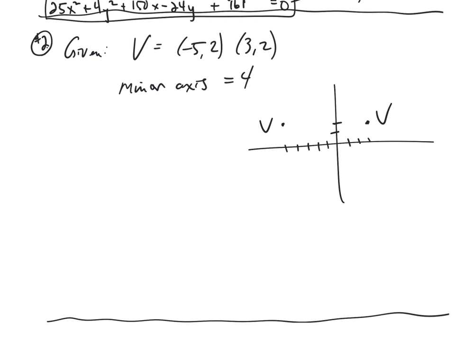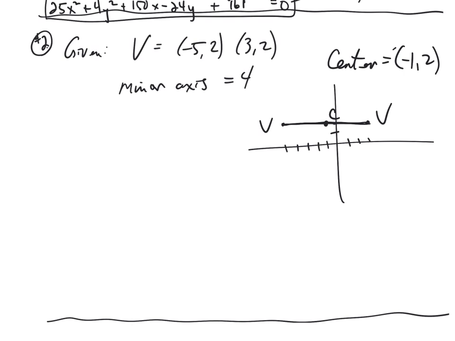So right off the bat, you know that this line then is the major axis because it connects the two vertices, the long. And we know that the center is going to be halfway in between. What point is halfway in between negative 5, 2 and 3, 2? Negative 1, 2.